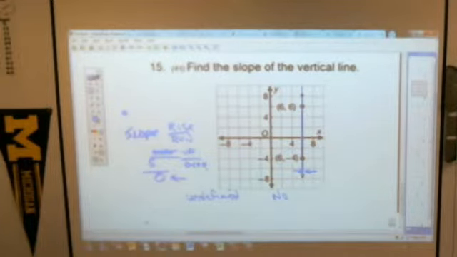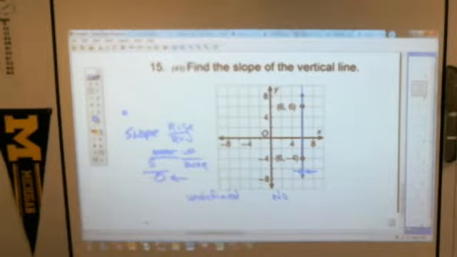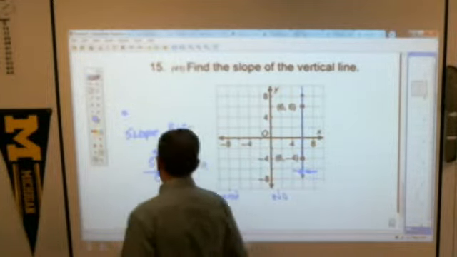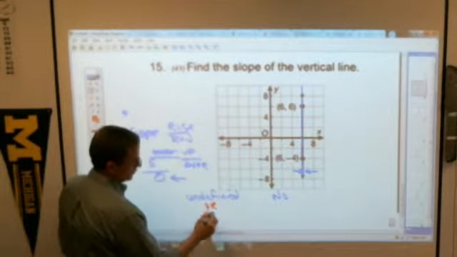A vertical line is undefined and no slope, same thing. I probably have to look that up every time. So just know on the test, for a horizontal line, you're going to have to put 0 slope. That's why I put that in the system. See, that's what studying does for you. Undefined or no slope.